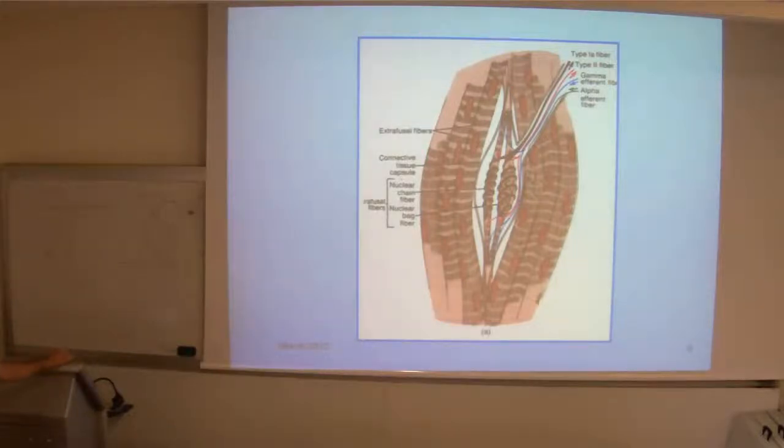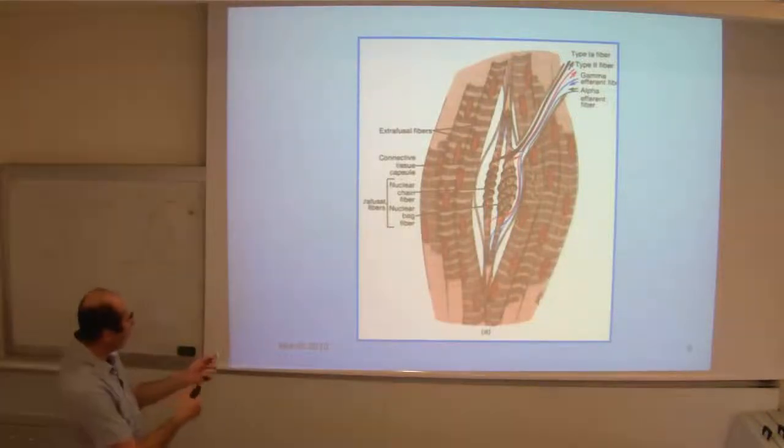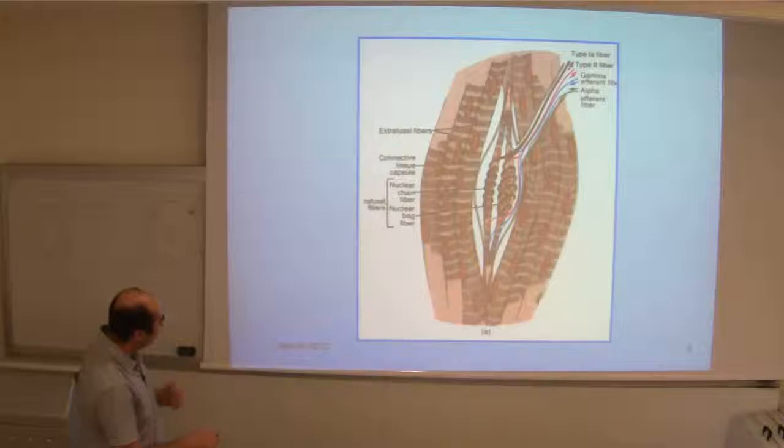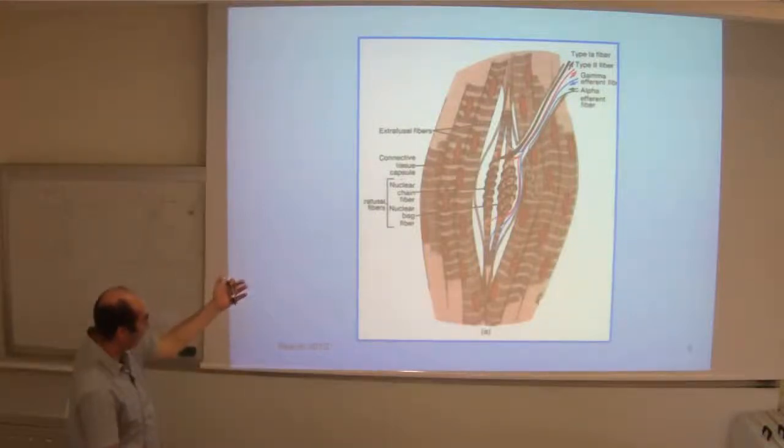Okay, and this 1A fiber is very similar to the sensory fibers that are carrying the input from the stretch receptors. And basically, you can imagine that when the muscle is stretched, this fiber that is just part of the muscle will stretch as well.